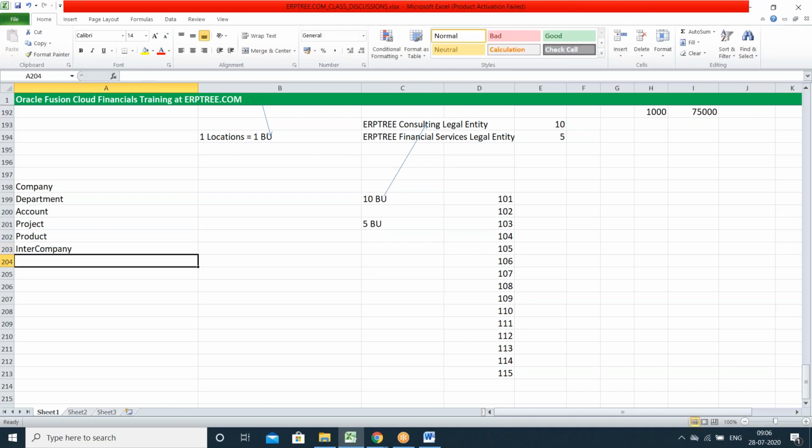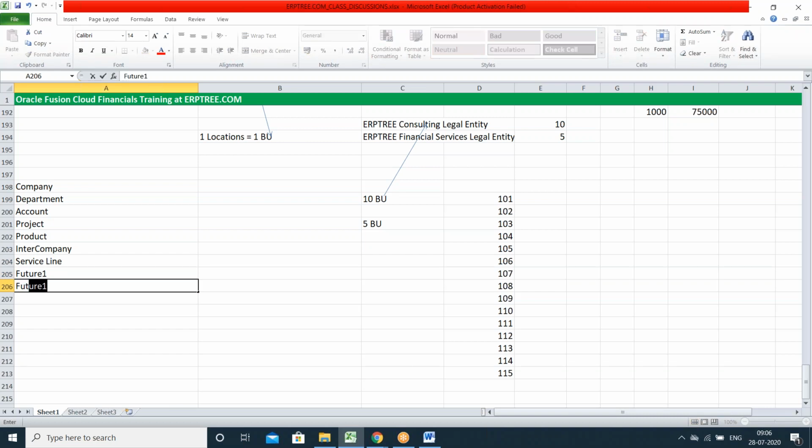When we sit with the client, based on their business, they'll choose which segments they require. Then that's how we'll finalize the chart of accounts. And say service line, feature 1, feature 2.